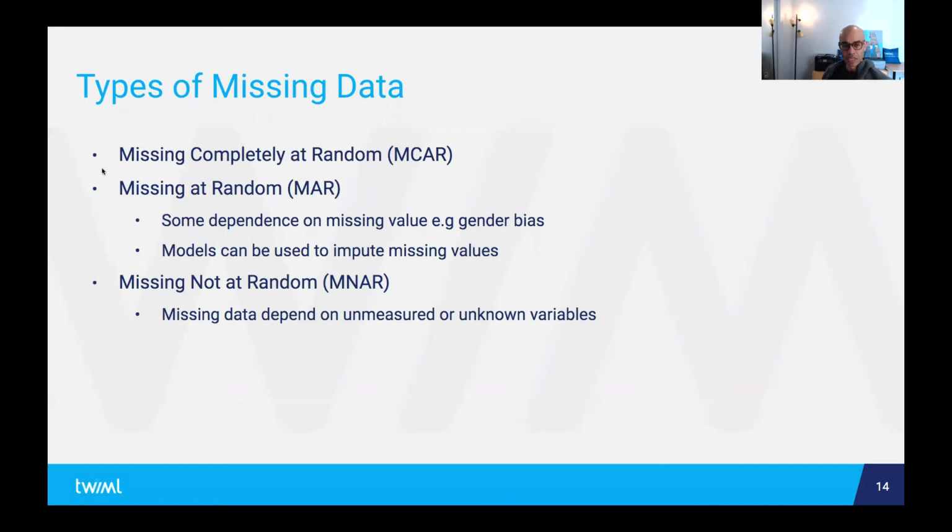But in terms of missing data, there are 3 types. What's called MCAR, missing completely at random, and missing at random.